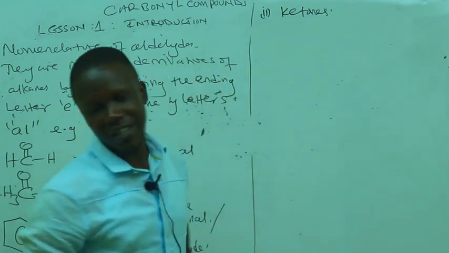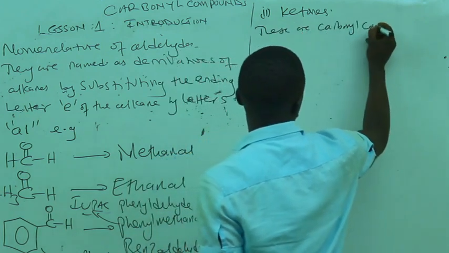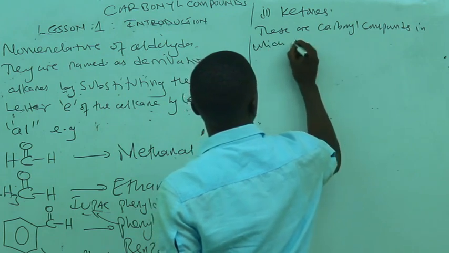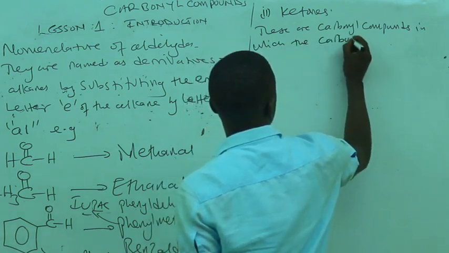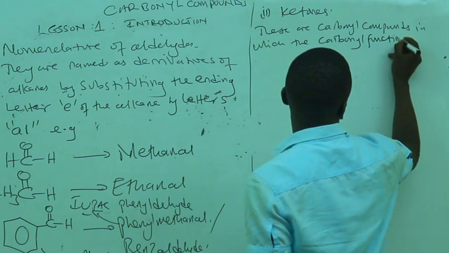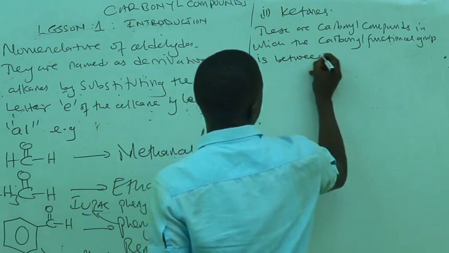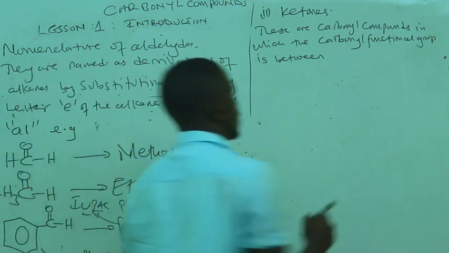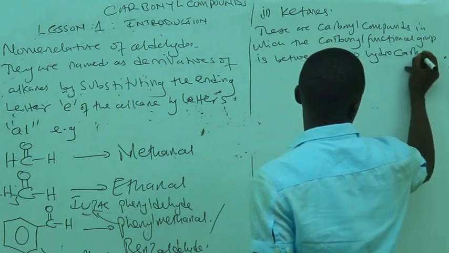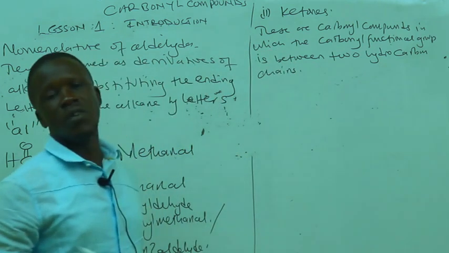These are carbonyl compounds in which the carbonyl functional group is between two hydrocarbon chains. These hydrocarbon chains could be alkyl groups, could be benzene rings.